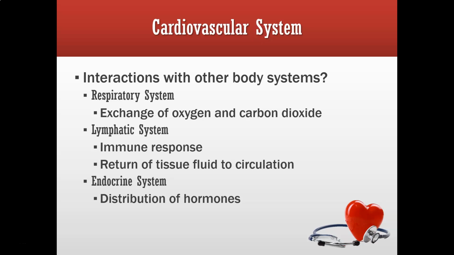You've also got interactions with your lymphatic system, which I mentioned a little bit earlier, also plays a role in your immune system as well, because your lymph nodes are full of those white blood cells, just kind of watching and monitoring for any sort of foreign pathogens, and then also helps to return that excess tissue fluid back to circulation so that you don't swell up.